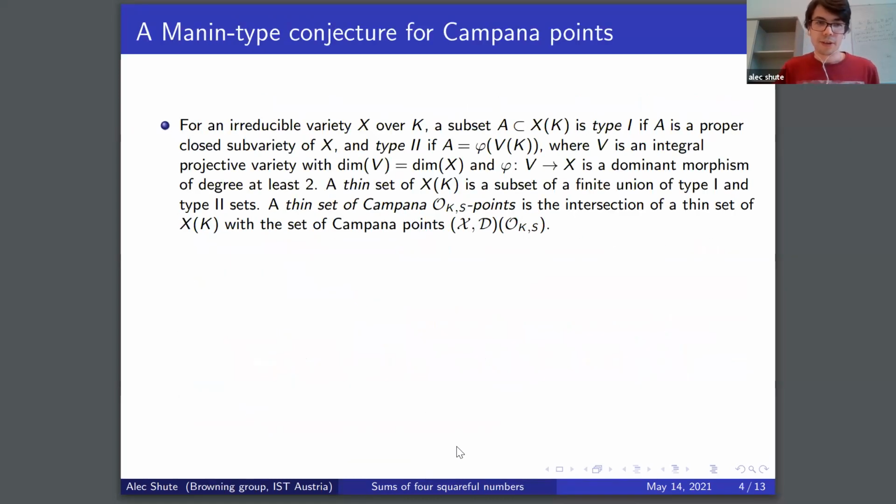Okay, and then we also have a notion of thin sets for Campana points. First up, I'm just going to recall what thin sets are for rational points.